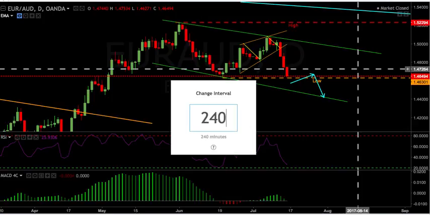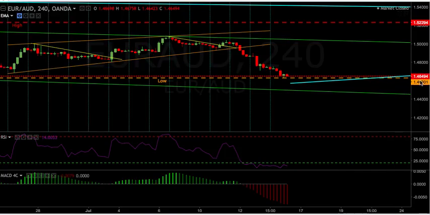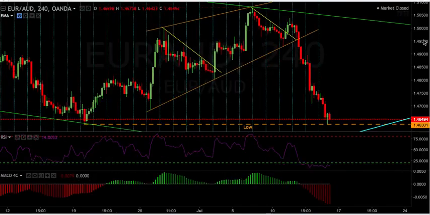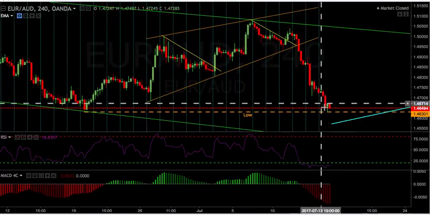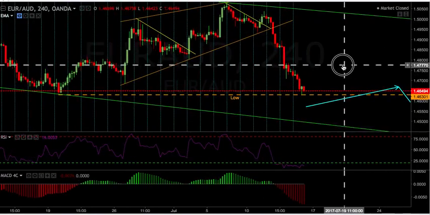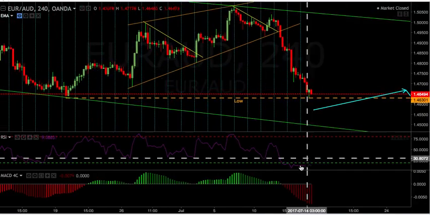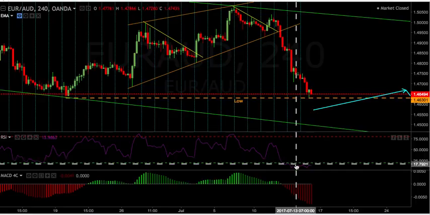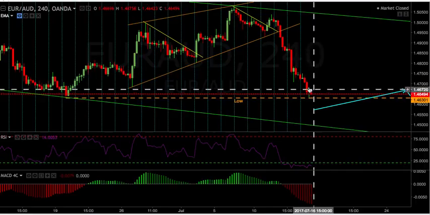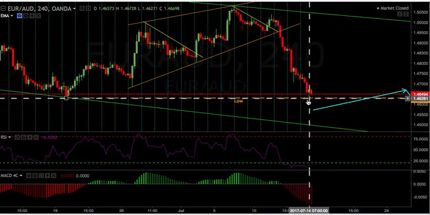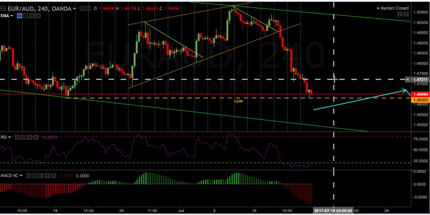Okay, let's go to our 4-hour time frame for the Euro Aussie. As we can see, nice bearish movement here. Not likely to just reverse at any point, but we can see we are below 20, which tells me that price is going to give us a pullback very soon.